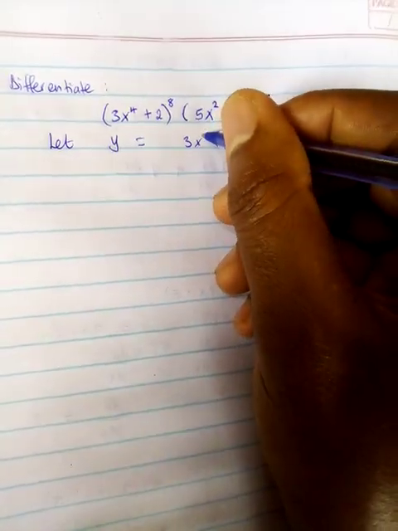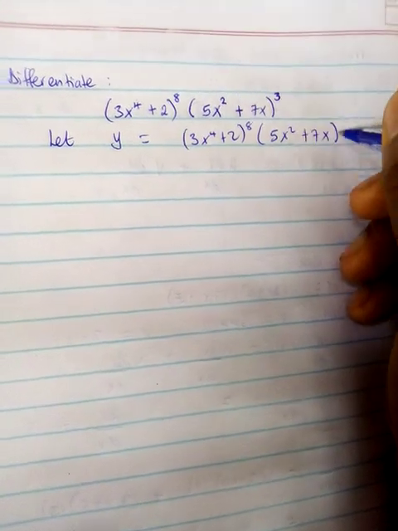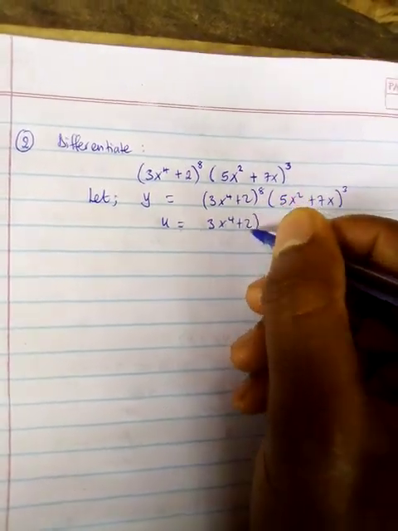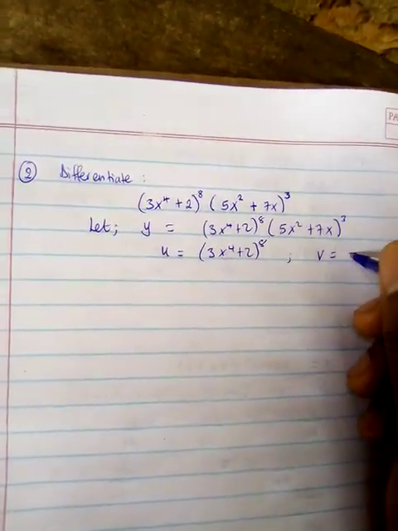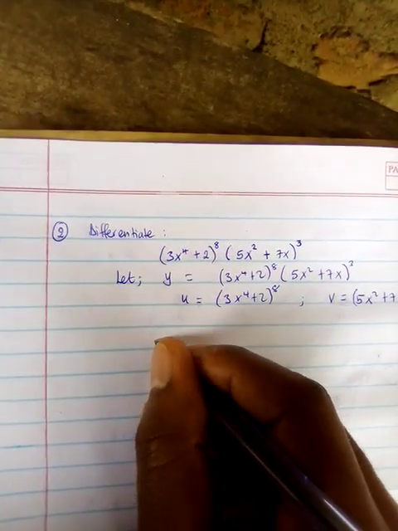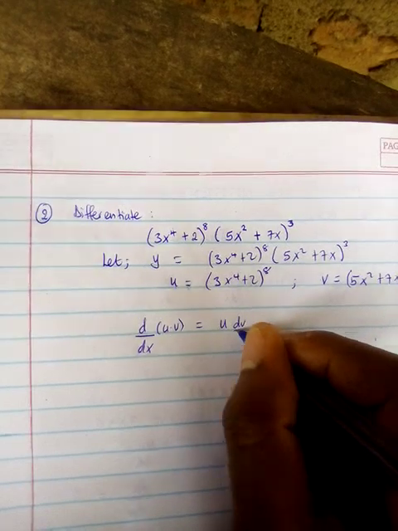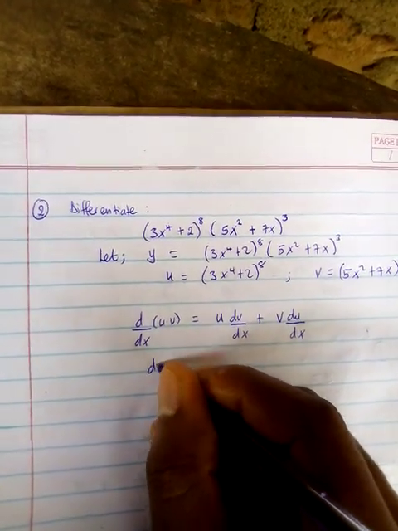I can let y be the function of x, which is (3x⁴ + 2) raised to power 8, times (5x² + 7x)³. Let u equal (3x⁴ + 2)⁸ and v equal (5x² + 7x)³, such that the derivative of u times v is keeping u constant, give me dv dx, plus keeping v constant, give me du dx.